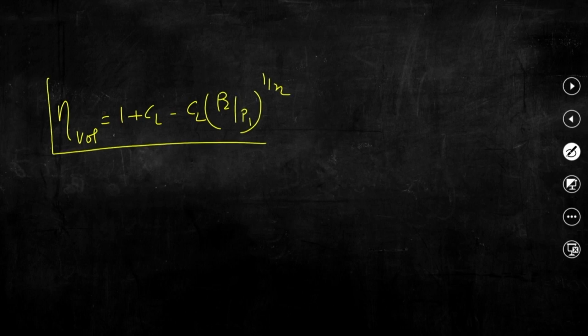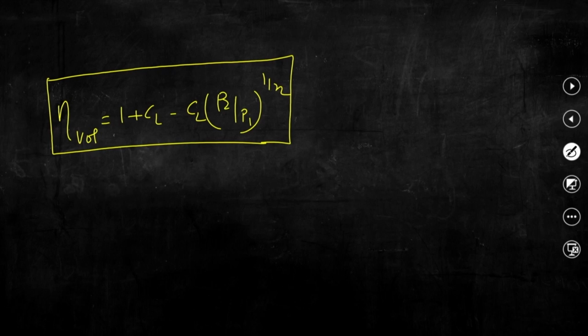So, you understand that volumetric efficiency will be reduced if we need more RP, pressure ratio. That means if we need to raise high pressure of the working fluid, then volumetric efficiency will reduce. What are the possible reasons behind it?